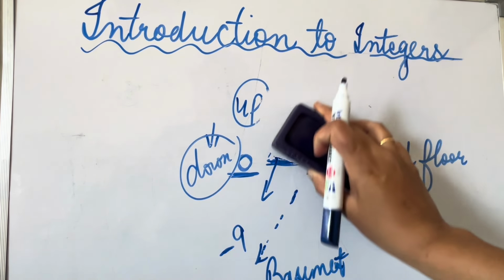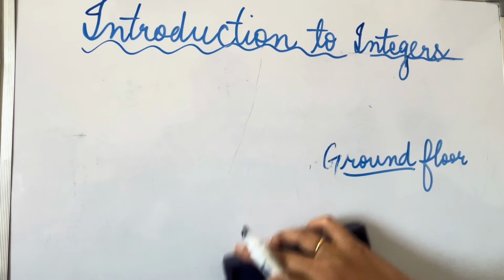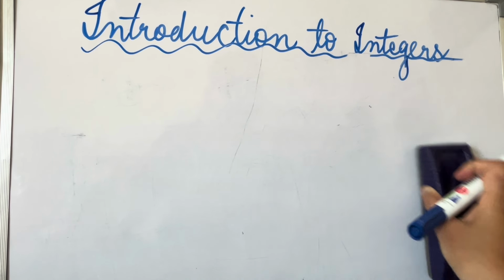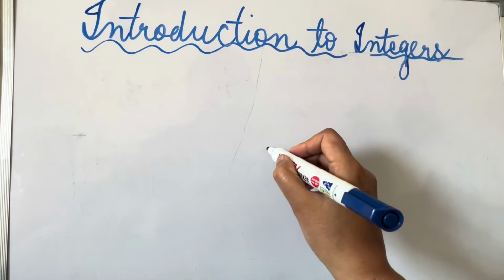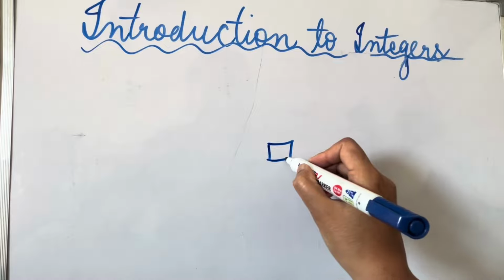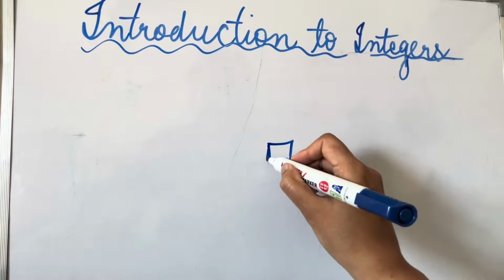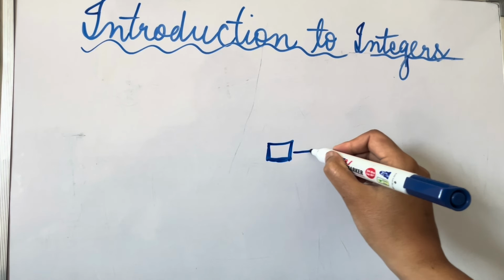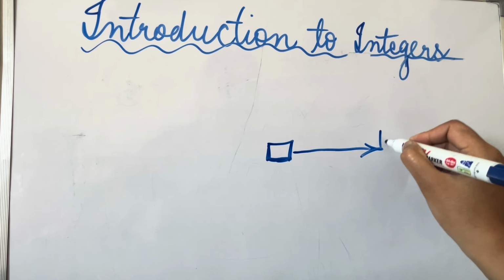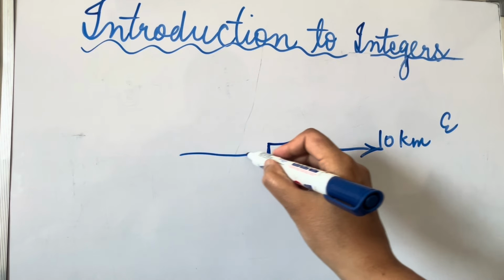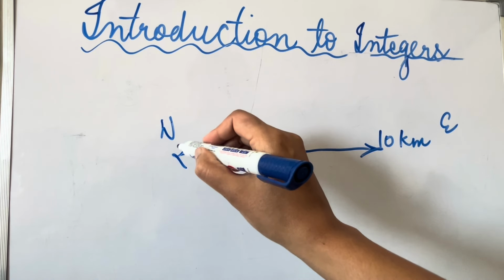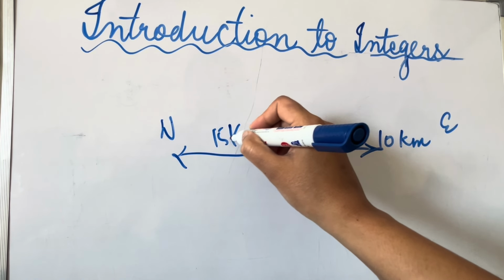Suppose we are discussing one more situation here, one more example. This was the first example. The second example we can take, this is a mark here. One person is moving this side 10 kilometers, suppose to the east, and the other person is moving to the west by suppose 15 kilometers.